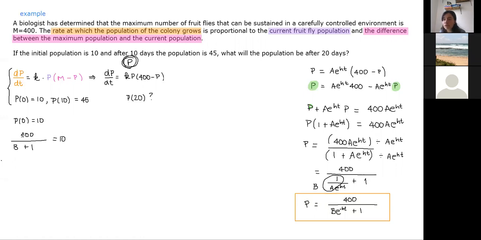Now, if I have that 400 divided by something is equal to 10, that means that that something, b plus 1, should be equal to 40, because I know that if I divide 400 by 40, I will get 10. If not, of course, all that you would have to do is multiply both sides by b plus 1, divide both sides by 10. In this case, it's a little bit easier than that, which means that b is equal to 39.